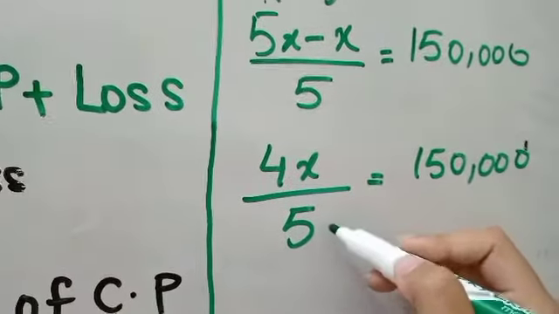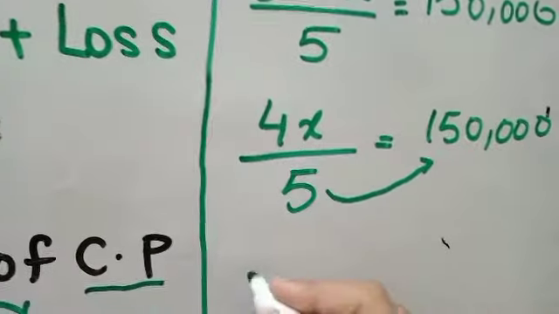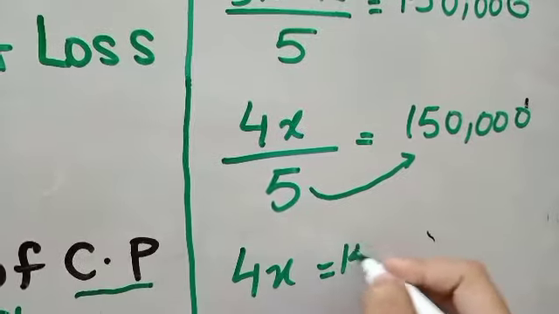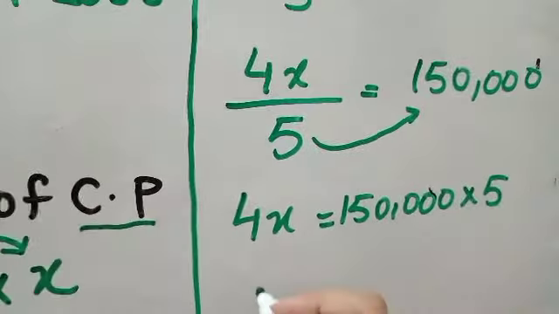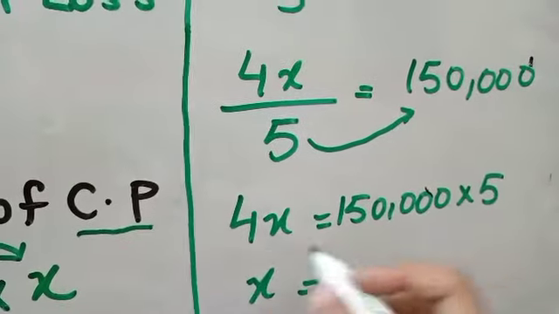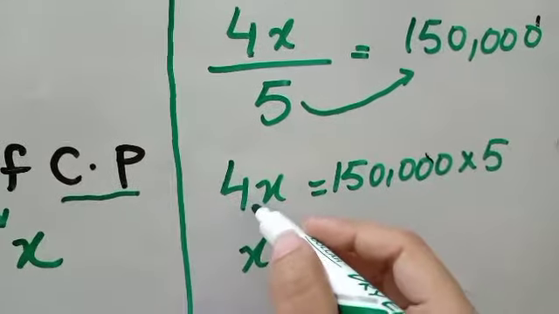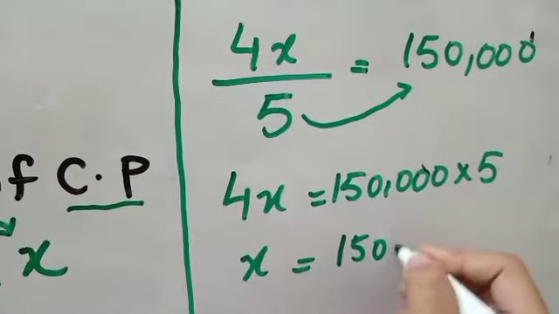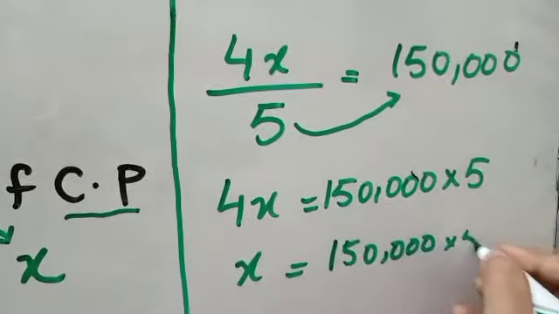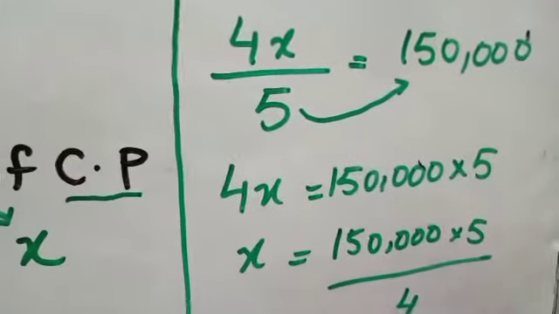150,000. This 5 will go over there, it will multiply. 4x is equal to 150,000 multiplied by 5. And X will remain over here. Again this 4 is multiplying with X. After the equal sign, when it is shifted, it will be divided by 4.